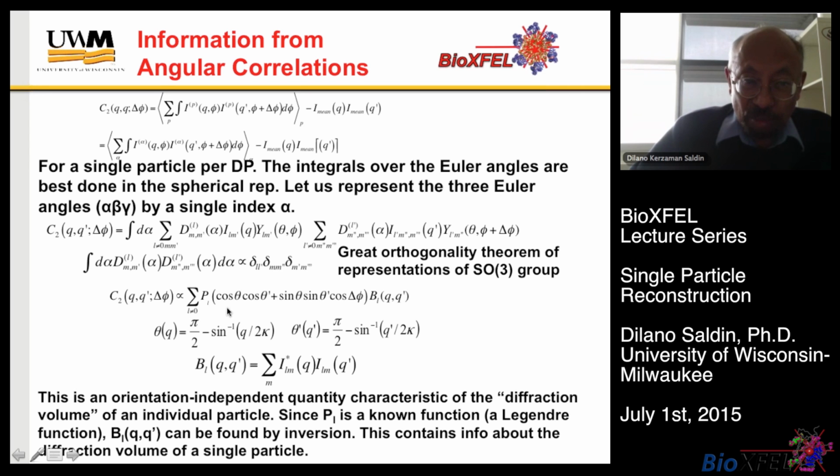But because of these delta functions, the whole expression reduces to the following. C2 is equal to some Legendre polynomial multiplied by this quantity B, which is a quadratic function of the spherical harmonic expansion coefficients. Now remember, if you could find these coefficients, you can reconstruct a diffraction volume. But what can easily be done from the data is to invert this equation and thereby get the B's.